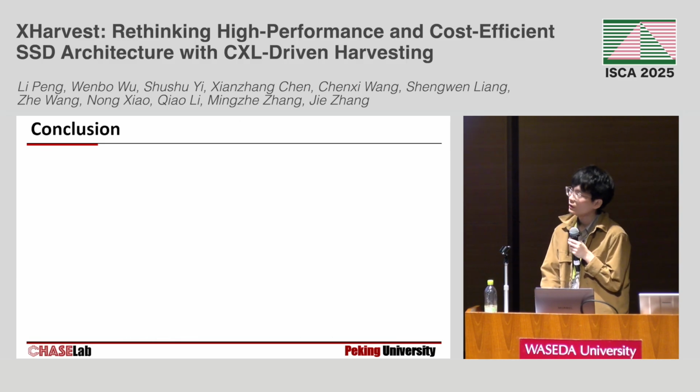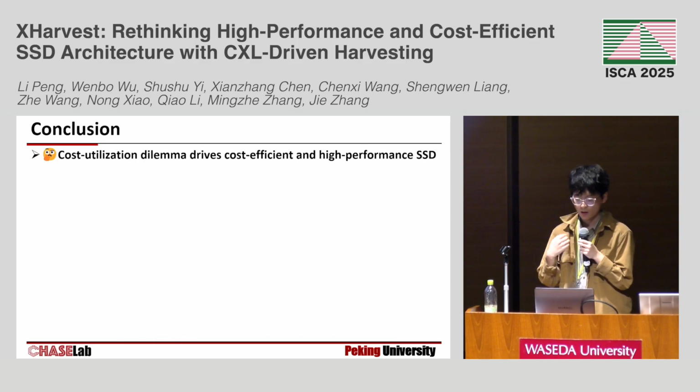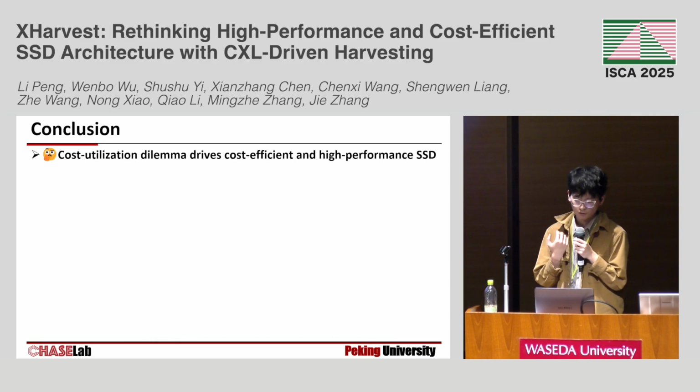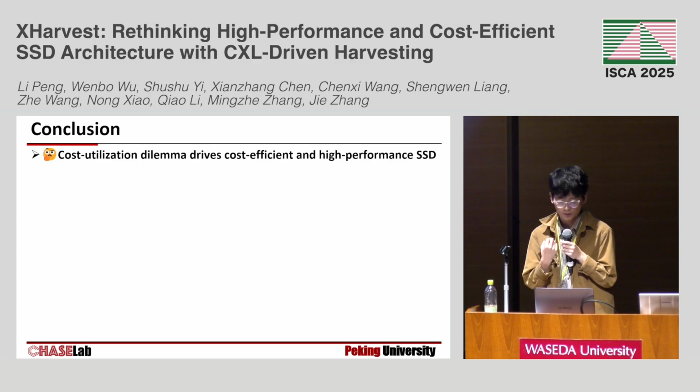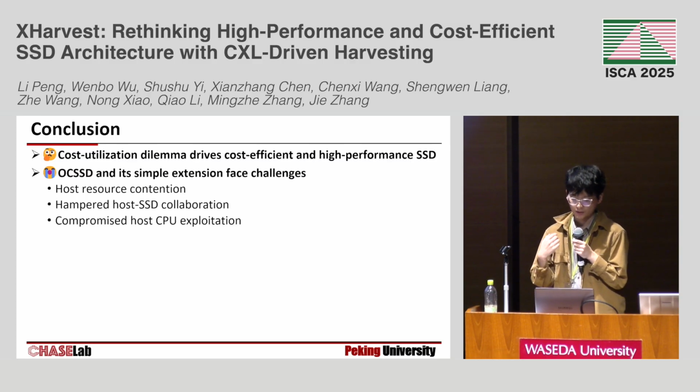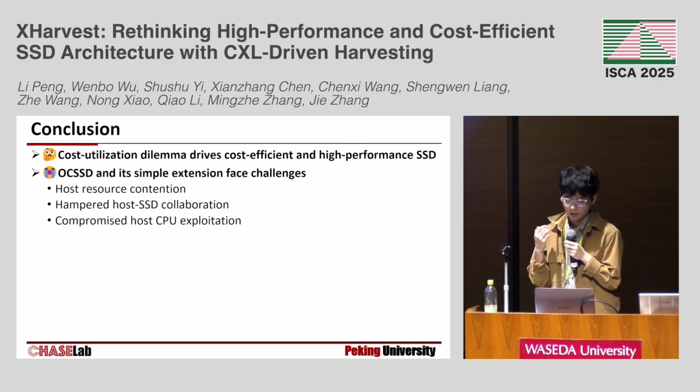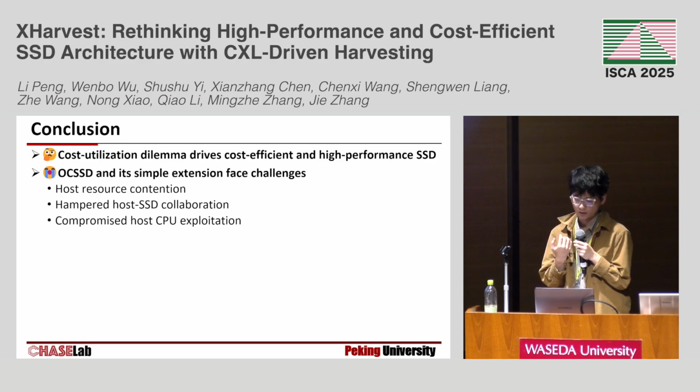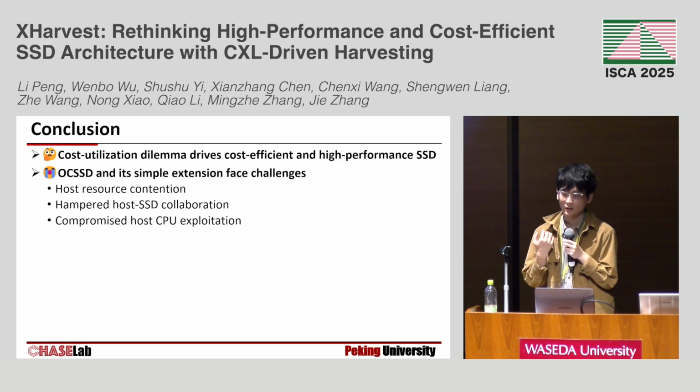To summarize, the cost-utilization dilemma drives cost-efficient and high-performance SSD design. However, the existing OCSD and its simple extension face challenges, including resource contention, hampered host CPU collaboration, and compromised host CPU exploitation.